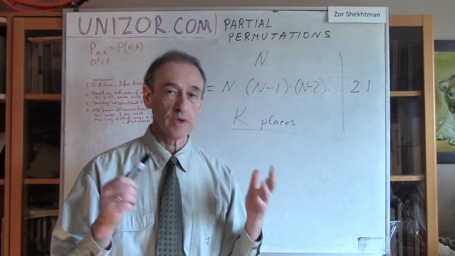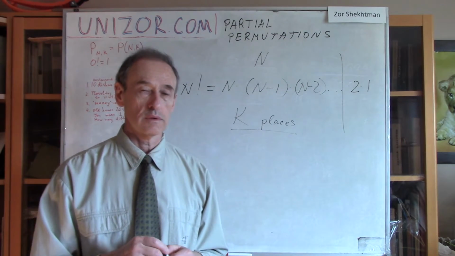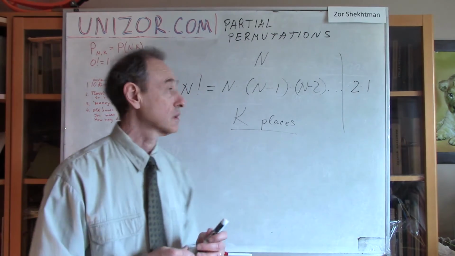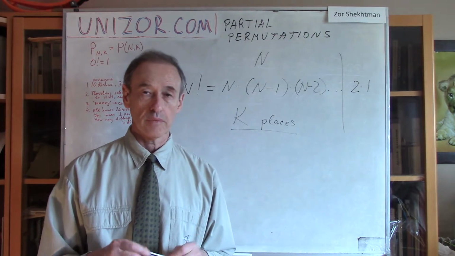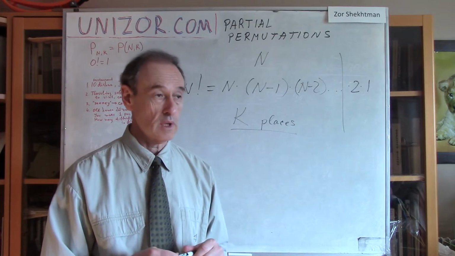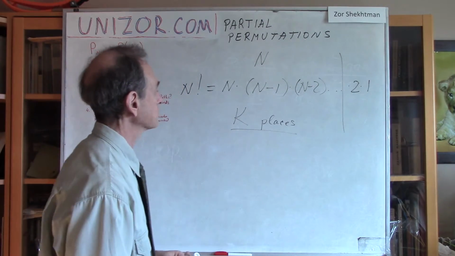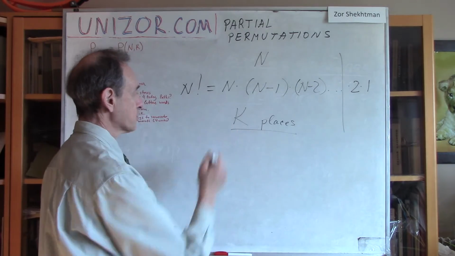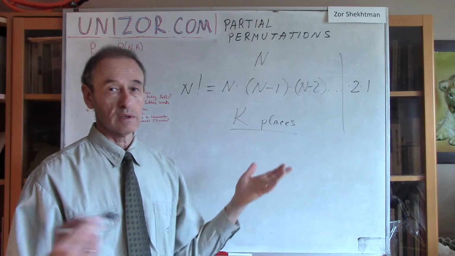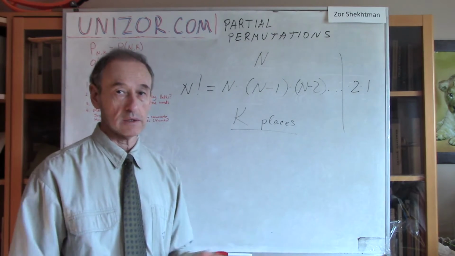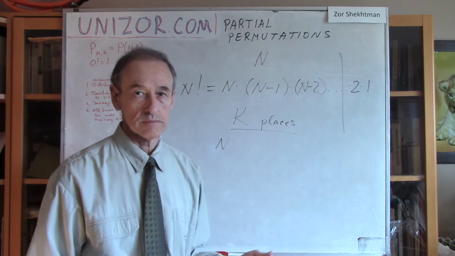Well, we will just use exactly the same logic as we used in case we want to place all of these objects into an ordered set. Let's just examine how many choices we have. For object number 1 out of these k, we have to pick out of the whole set of n objects, which means we have n different choices.